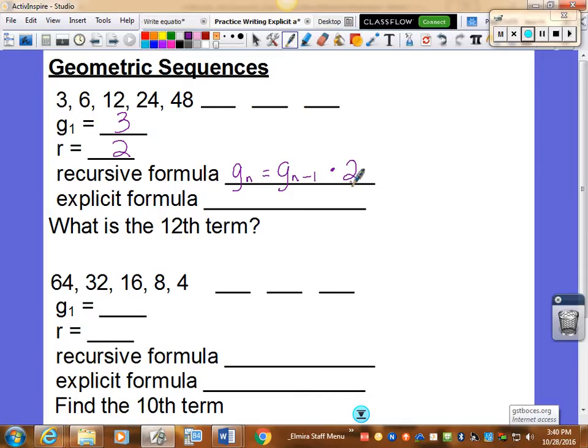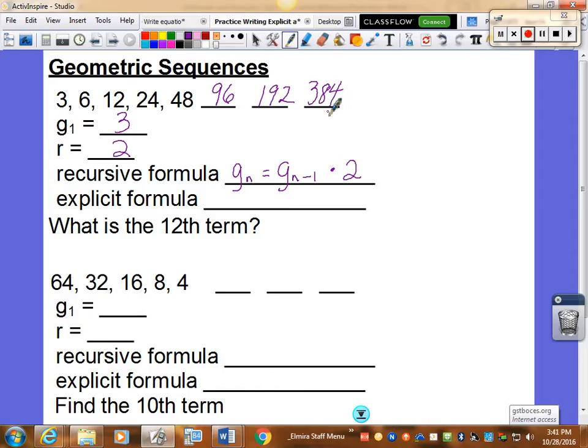So if I want to know the next term, I need to know the previous term and multiply it by 2. So 48 times 2 would be 96. And then if I want to know the next term, I need to know the previous term times 2, 192. And if I want to know the next term, I need to multiply the previous term by 2.